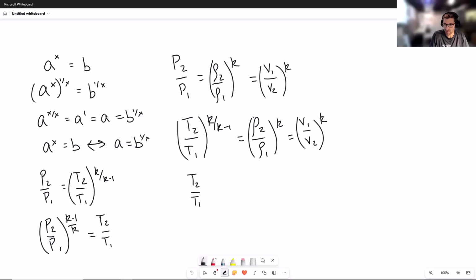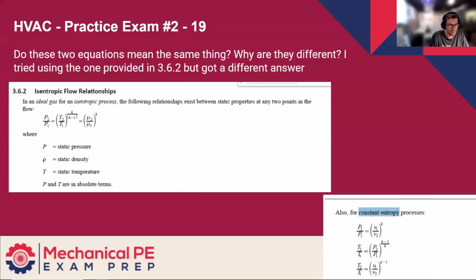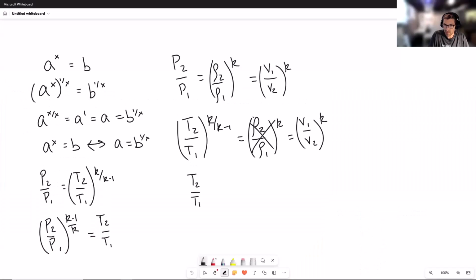And we're interested in the volume, so we're going to work with this one. We're not going to deal with this one right now. So that's going to be V1 over V2 raised to the K. And now we're taking that whole thing and raising that to the K minus 1 over K. And we multiply the exponents.